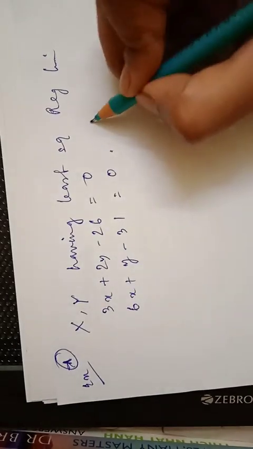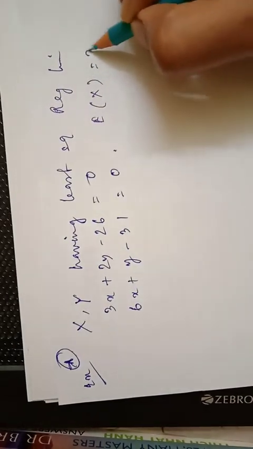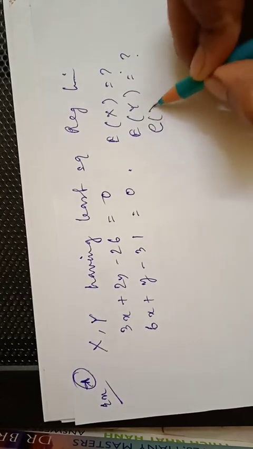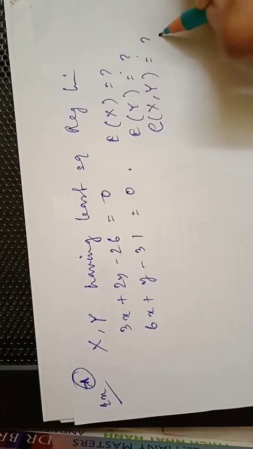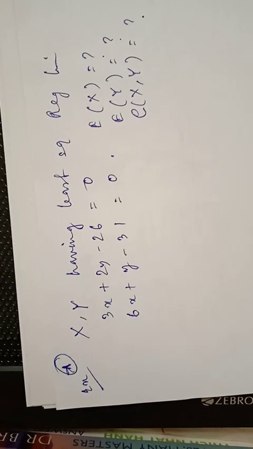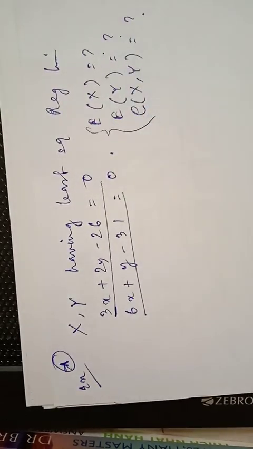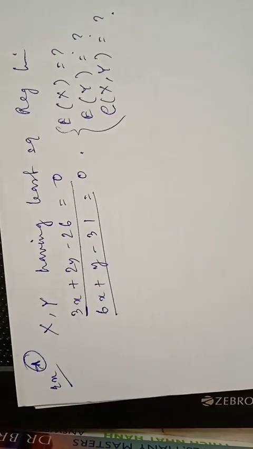Then find expectation of x, expectation of y and rho x comma y. The regression lines are given by this and this. We need to find out these three. Now here we need to use one formula, that is the regression lines intersect at the mean point.